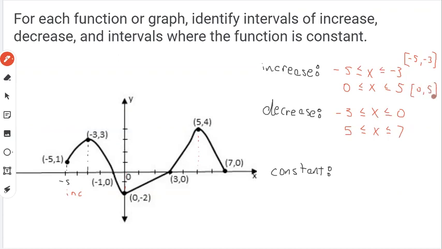So we can also write it this way. And then this interval would be from -3 to 0. And then this interval would be from 5 to 7. So just another way we can write these intervals. So you're trying to tell where the function is increasing, where the function is decreasing, and where it's staying flat, where it's constant.